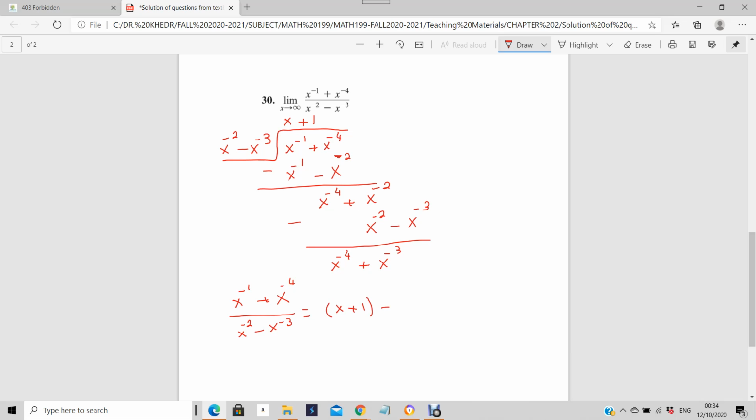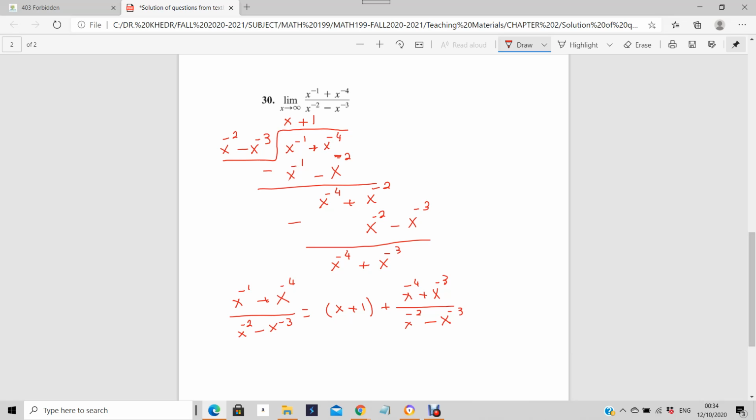Now the remainder is x to the power minus 4 plus x to the power of minus 3 divided by x to the power of minus 2 minus x to the power of minus 3.